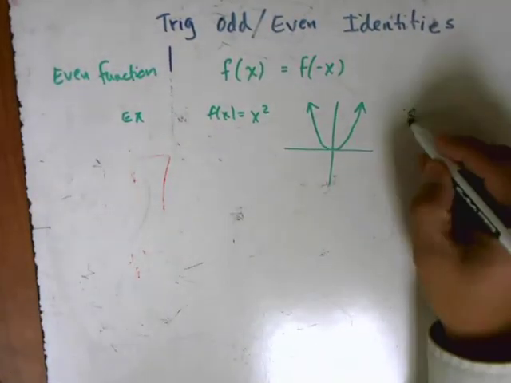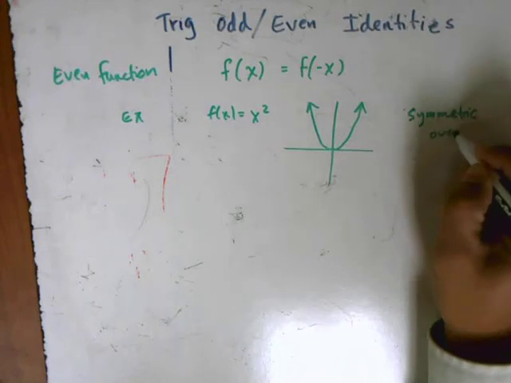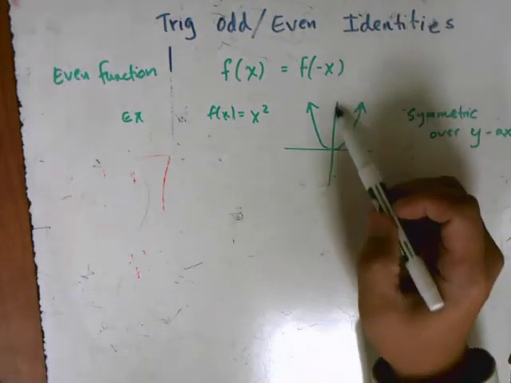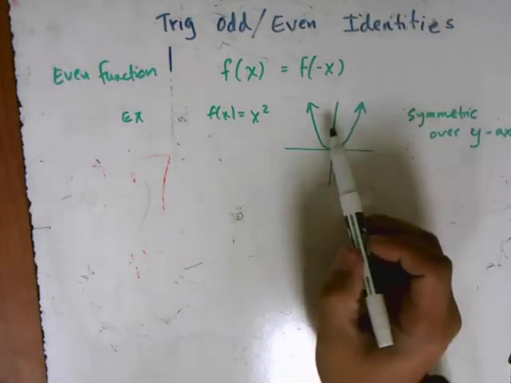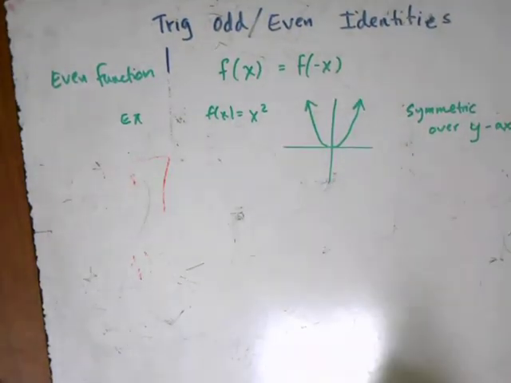And we know that this is symmetric over the y-axis. In other words, if you use the y-axis as a sort of mirror, the left side and the right side are mirror images of each other.